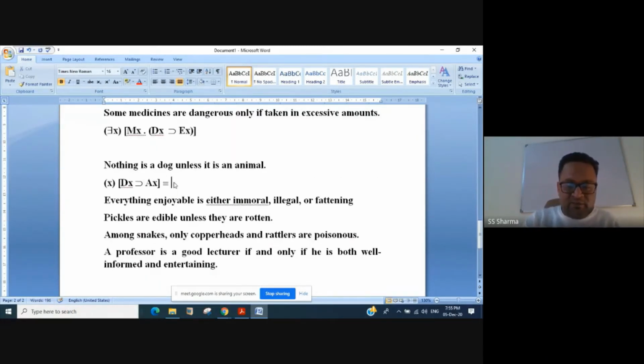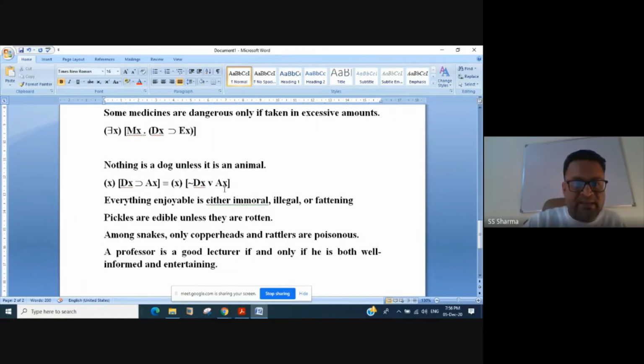This is equivalent to for all x, nothing is a dog unless it is an animal. Now if you see this unless, it clearly says that it is a wedge function, right? So the other way of symbolizing it is negation of Dx wedge Ax. So this is the other way of symbolizing it.